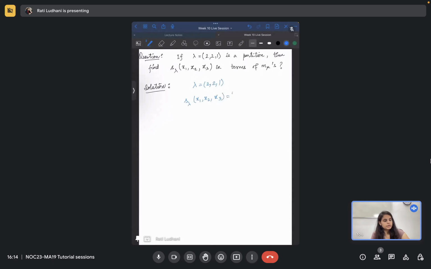You need to find out in terms of mu, that means in the monomial symmetric polynomials, you have to find the Schur polynomial in terms of that.